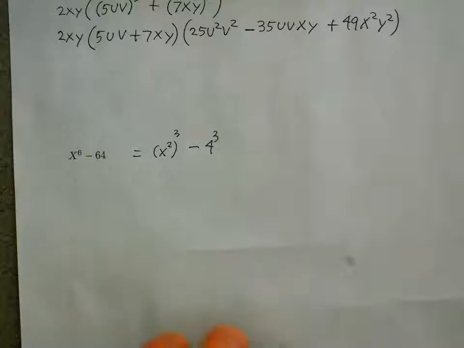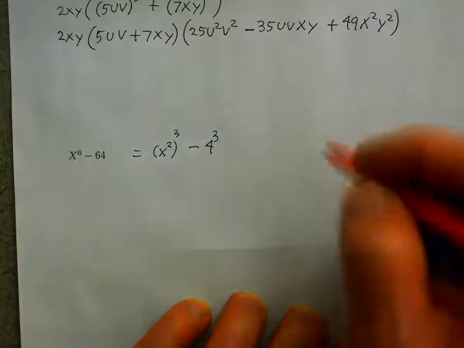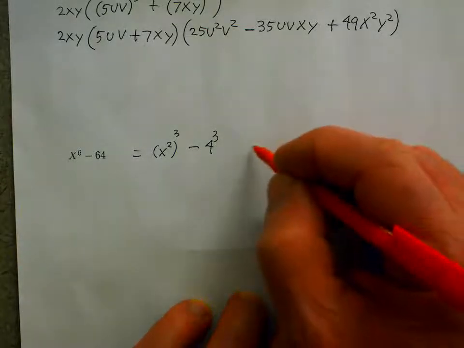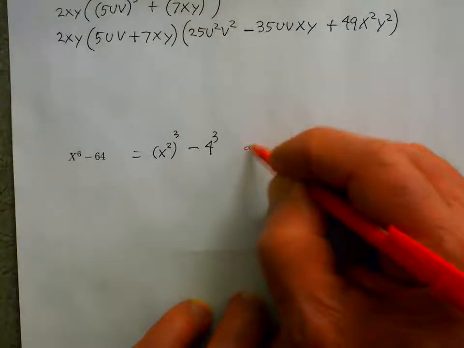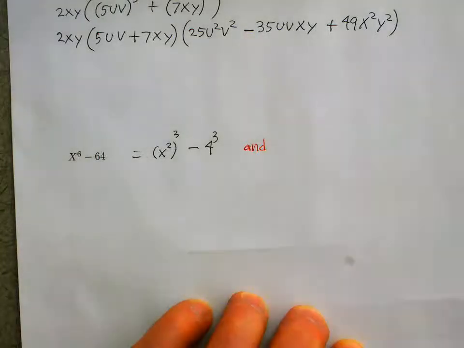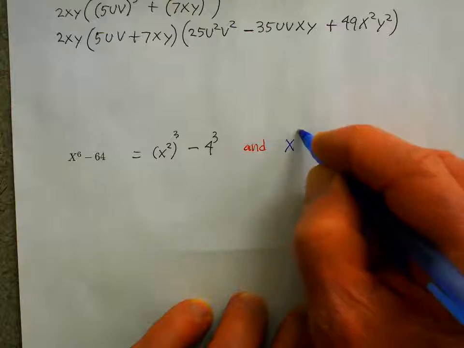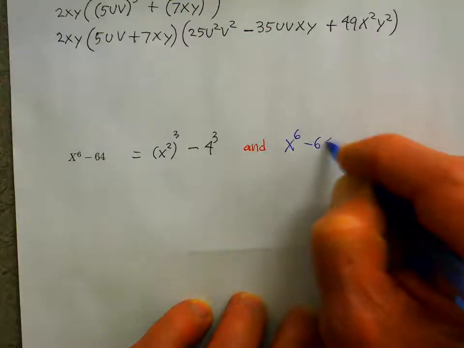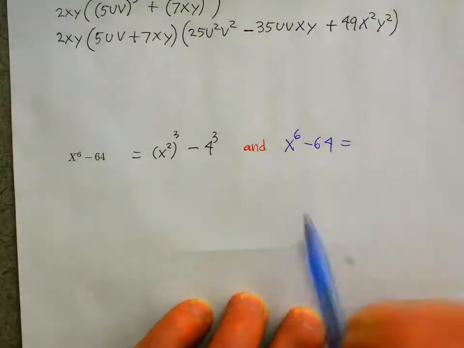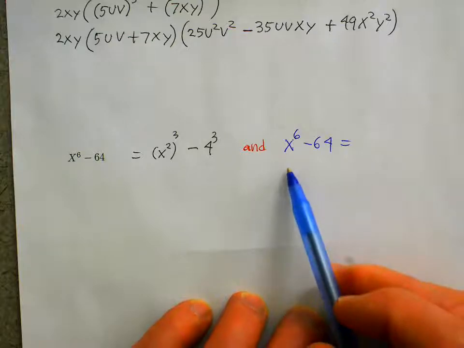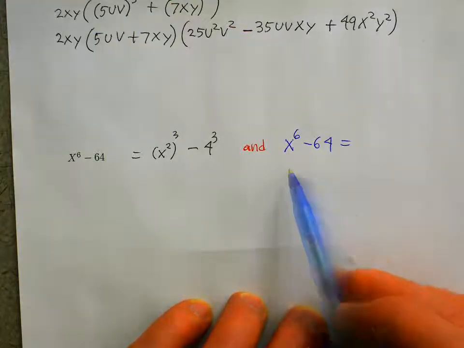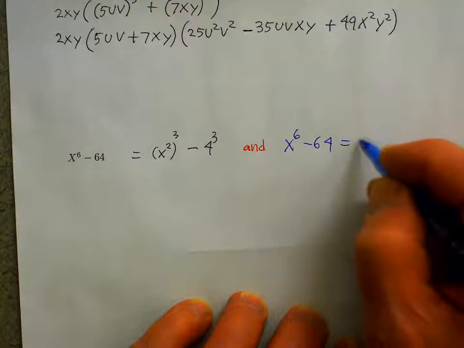But it's also the case that it can be interpreted as a difference of squares. x to the sixth minus 64. See, what would you have to square to get x to the sixth? x to the third.